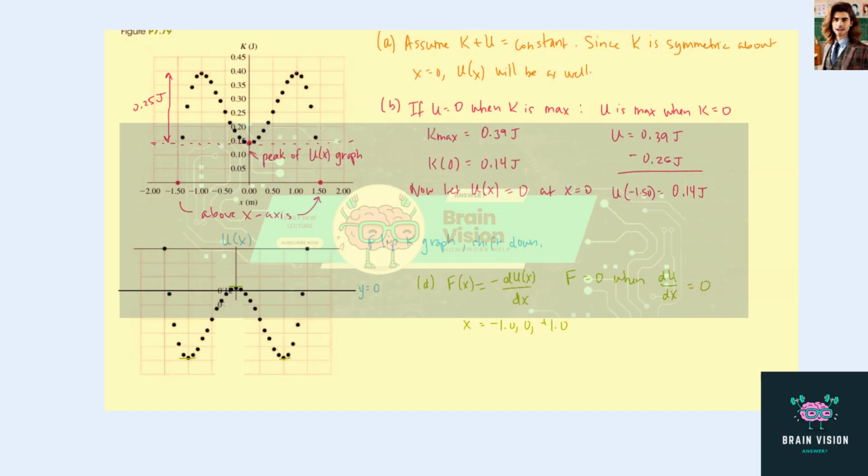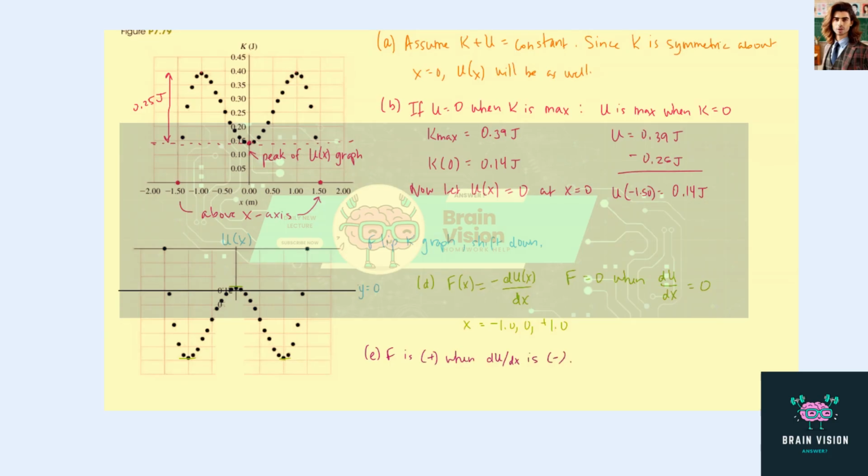And now, for what range of values is F positive? So F is positive when dU/dx is negative.